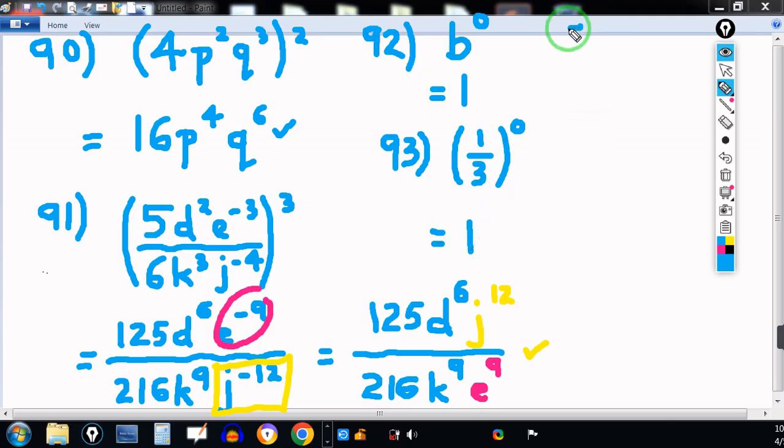And then 94. Okay, 94 will be what? Hold on, please. We are coming in. The final countdown. Woo. The final countdown. 94. Where am I?